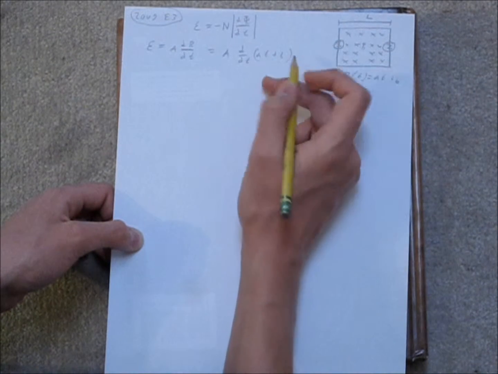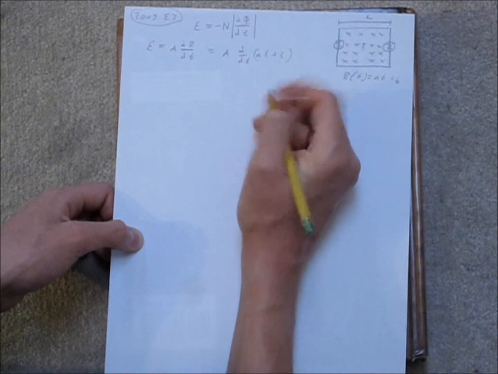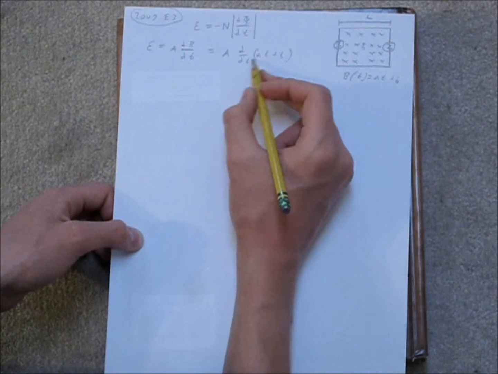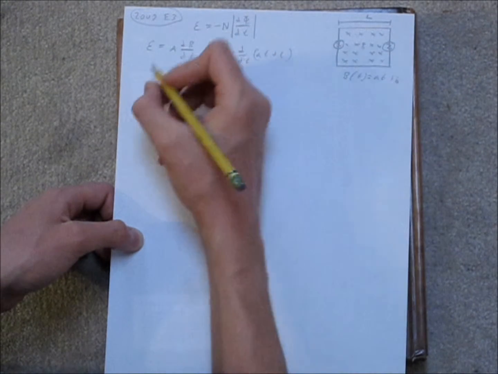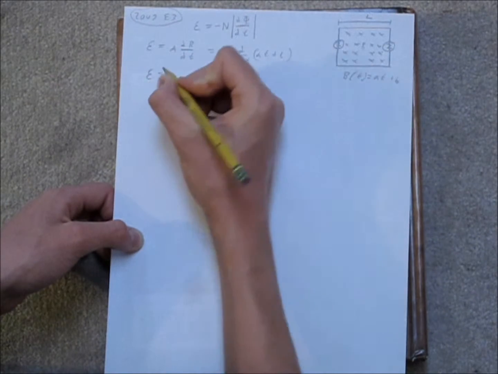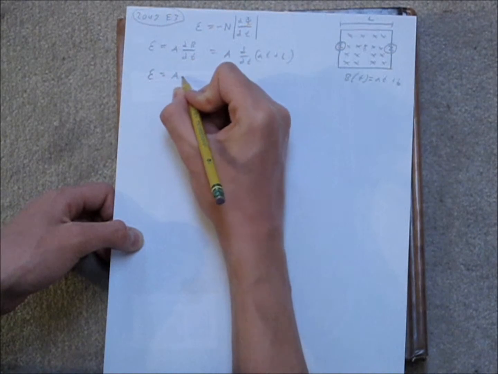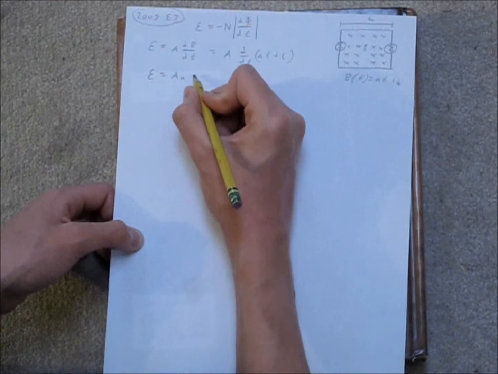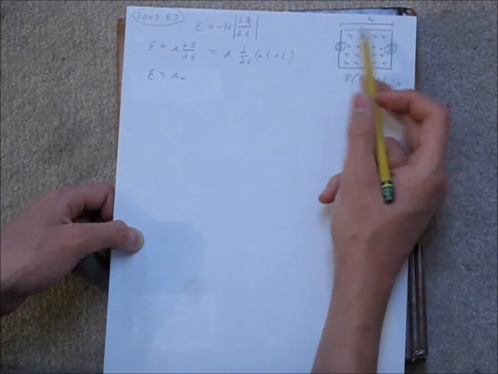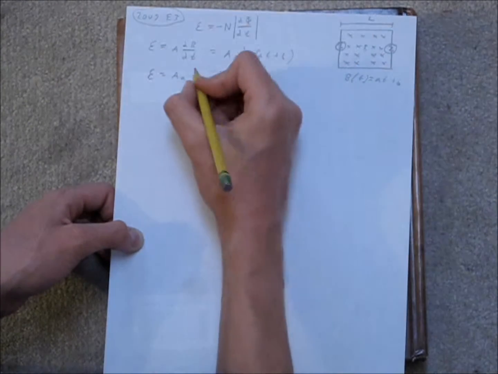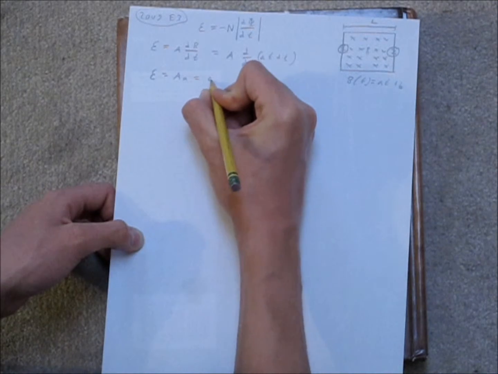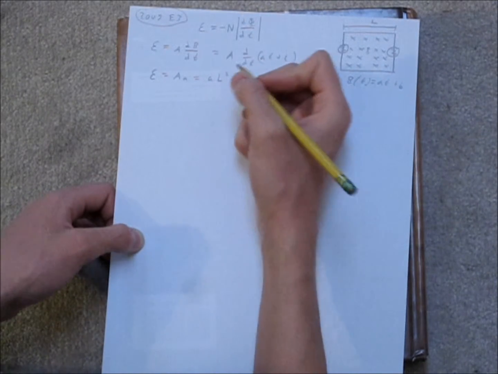This would just cancel out since it's a constant, and the rate of change of At with respect to t is just A. So we get that EMF would equal big A, little a. And since this one is area, and this is a square, we know that this is literally just A L squared.